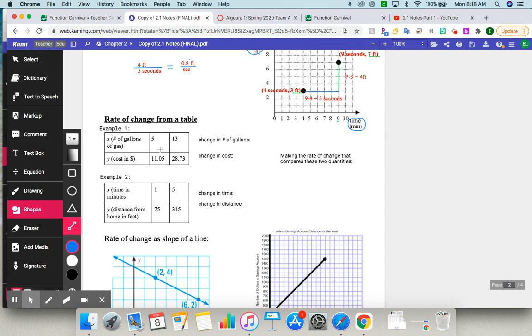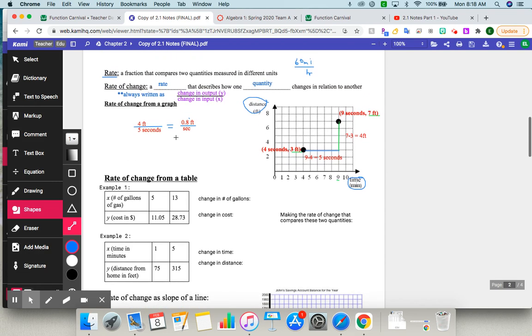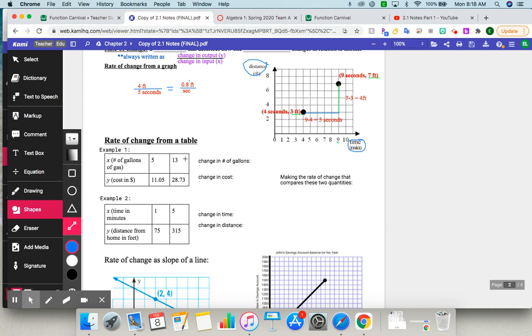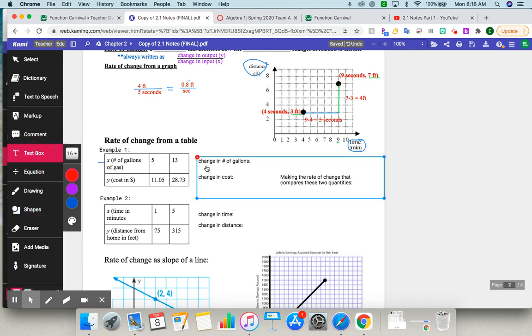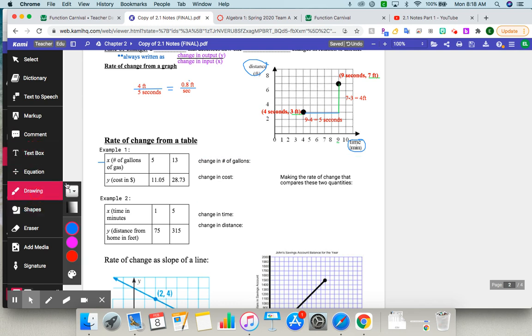We can also find rate of change from a table. So again, we need to find the change in the input compared to the change in the output. Now, don't be confused. Our change in input is the top row. However, it will still be in the denominator of our fraction. So change in the number of gallons would be 13 gallons minus 5 gallons, giving us a change of 8 gallons.